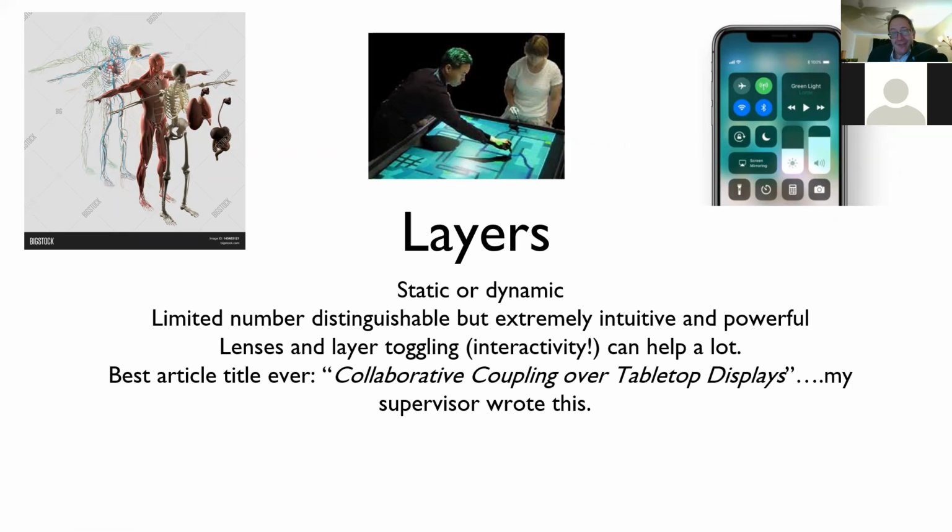The idea that they had for this experiment is they had people looking at a map of a city using what is called a tabletop display. And they had what's called a magic lens. It is a window or a little area that you can move around.